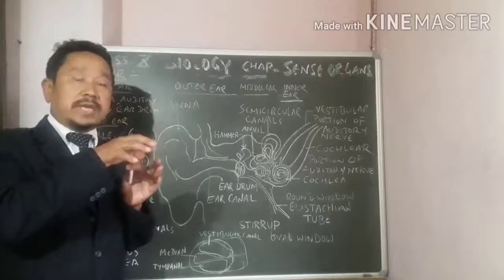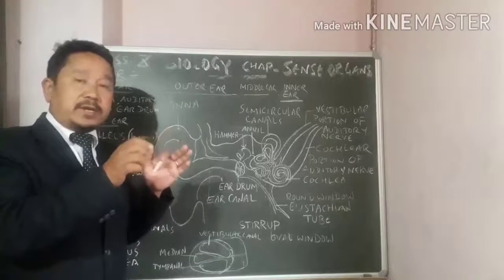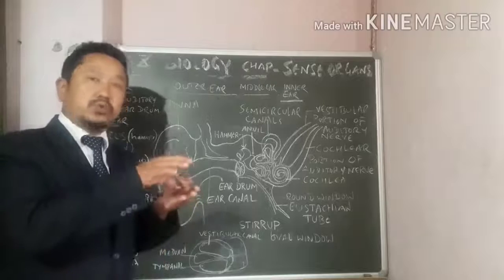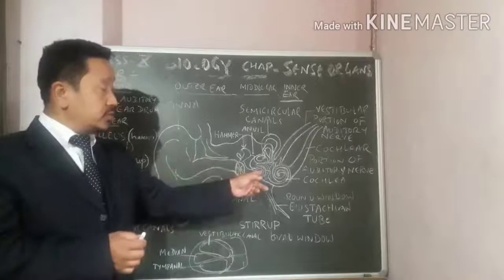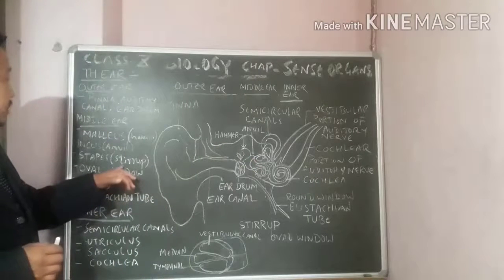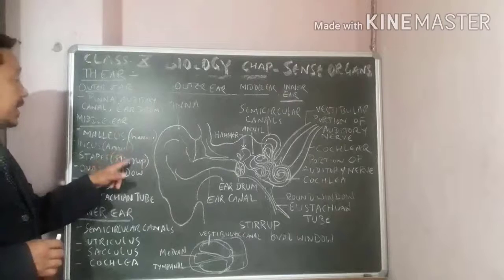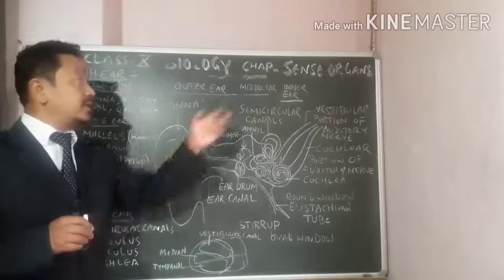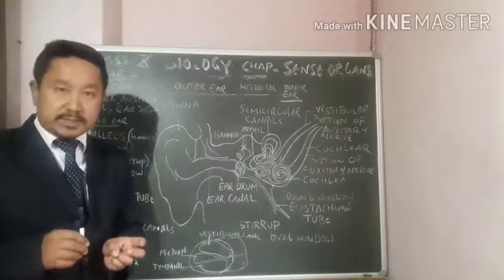When you climb onto a horse, there is a kind of tool into which you adjust your foot. That is similar to this, so it is known as the stirrup. So malleus, incus and stapes, or hammer, anvil and stirrup, are the three small bones that you find in the middle ear, and they are collectively called ear ossicles.